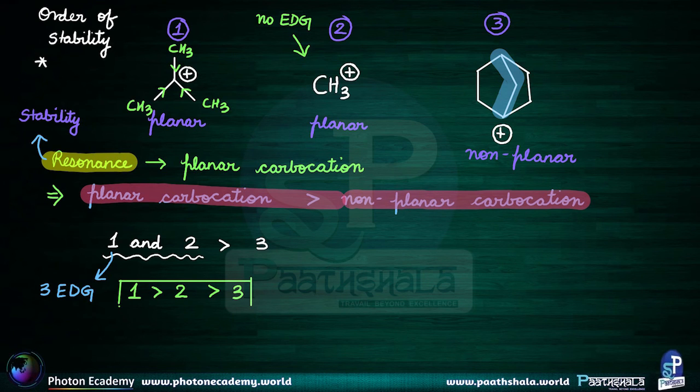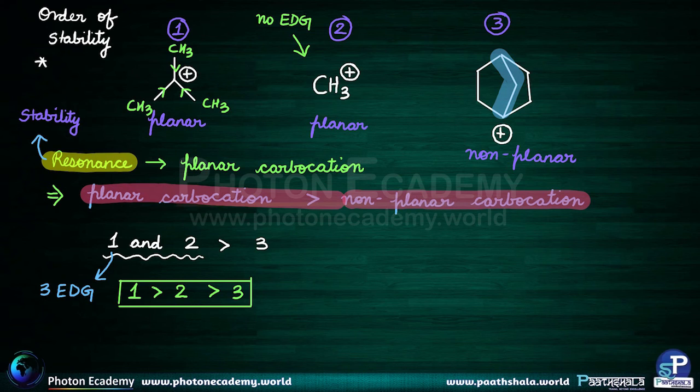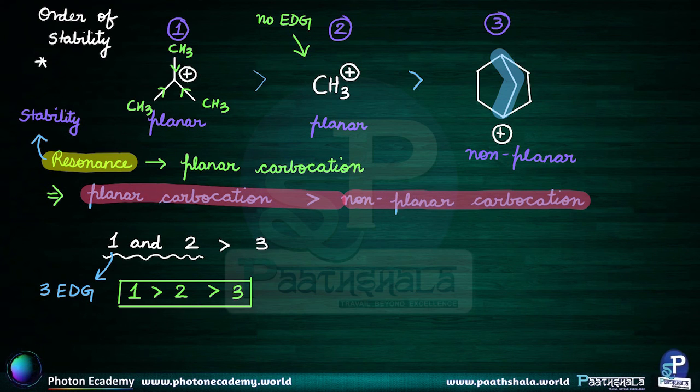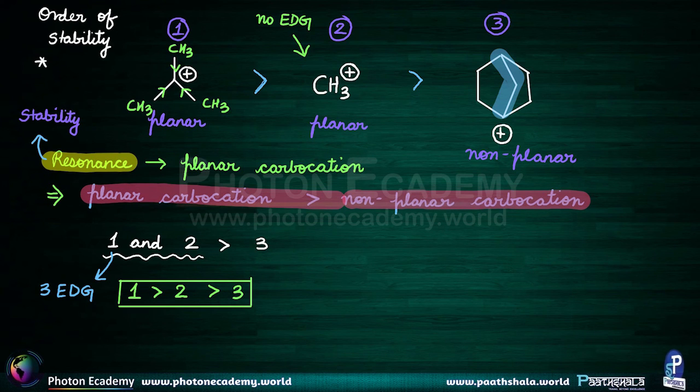First is greater than second, which is greater than third. So if I mark it here in the figure, the first one has the greatest stability, and second is greater than the third one. So this is how we solve the question. We first see which one of them is non-planar, so we exclude it from the conversation, because non-planarity will not lead to resonance and stability.